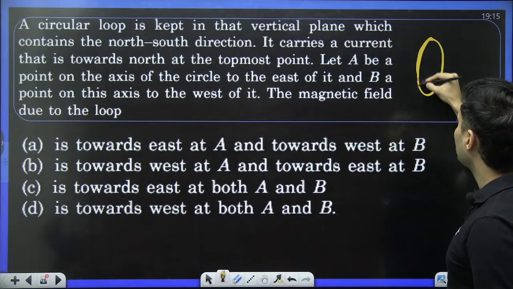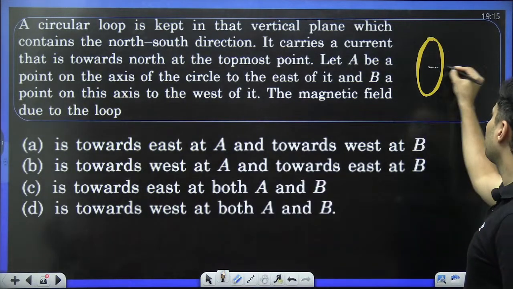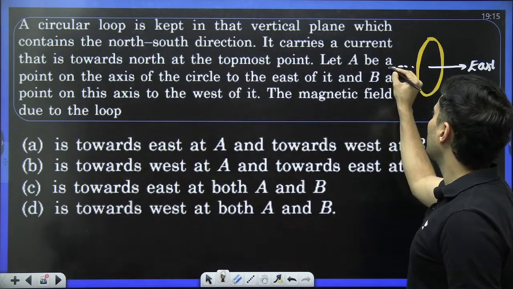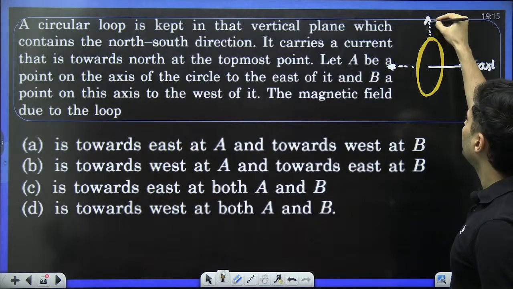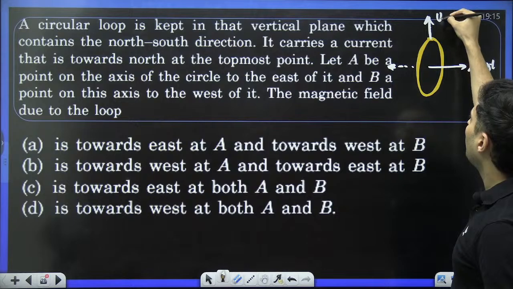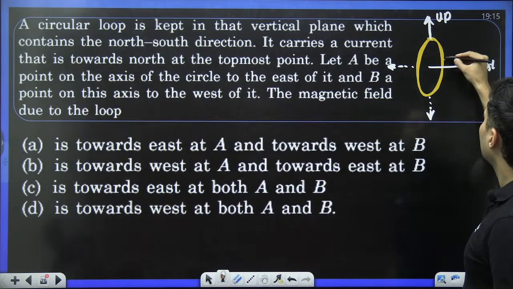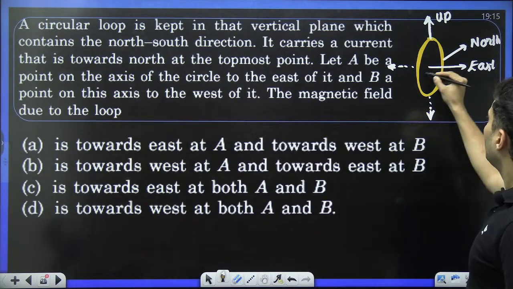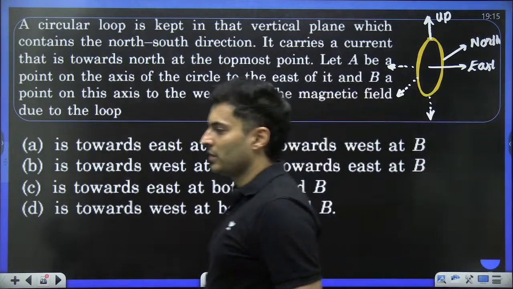And if I had to show the axis, this is basically your east, that is basically your west, this is basically your up, your upward direction, this is basically your downward direction, this is basically your north direction, and same thing like this, this is your south direction. See if you are able to visualize this.